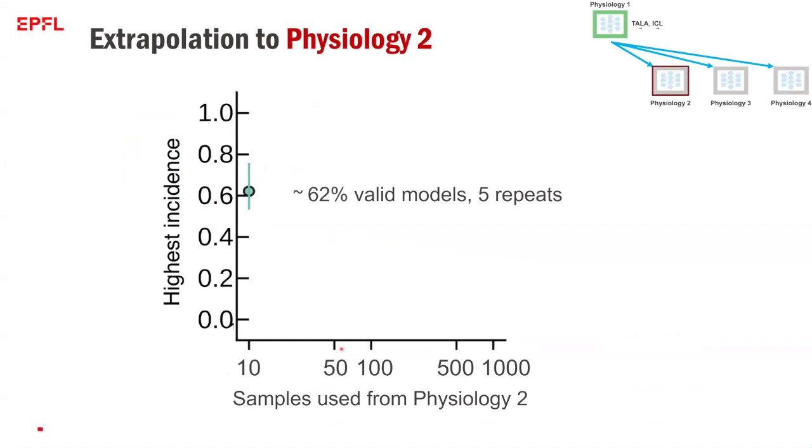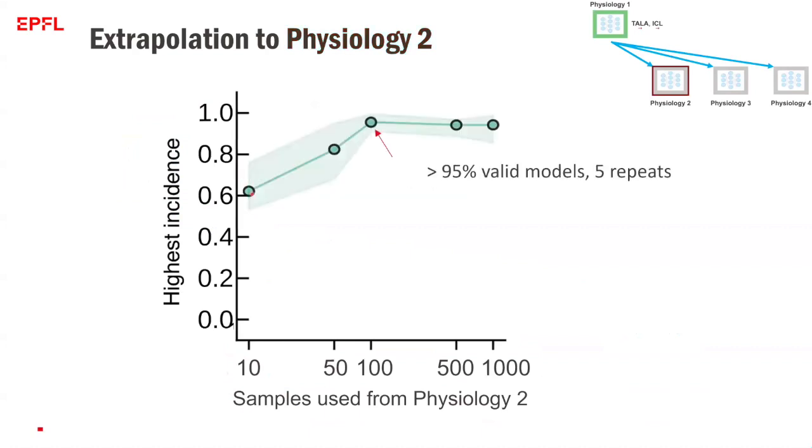With 100 models, we get more than 95% of the models. In contrast, if you try to do physiology 2 from scratch, before 500 models, you cannot do anything. These are all done with 5 replicates, but we did many studies. It really transfers well.